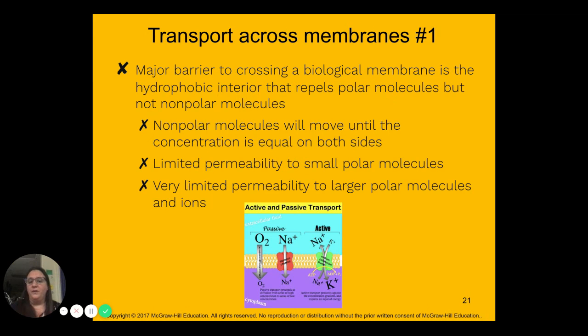So nonpolar molecules will move until the concentration is equal on both sides. There is limited permeability to very small polar molecules that are able to slip in through there. And there is very limited permeability to large polar molecules and ions, which are going to need some help in being able to get across.